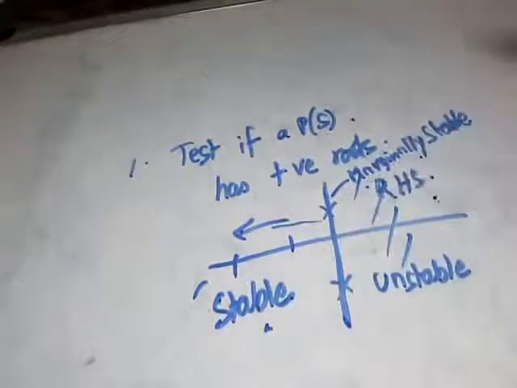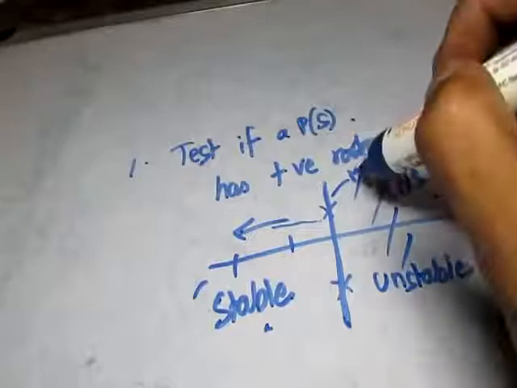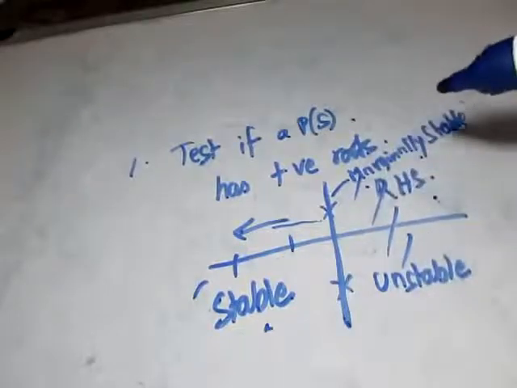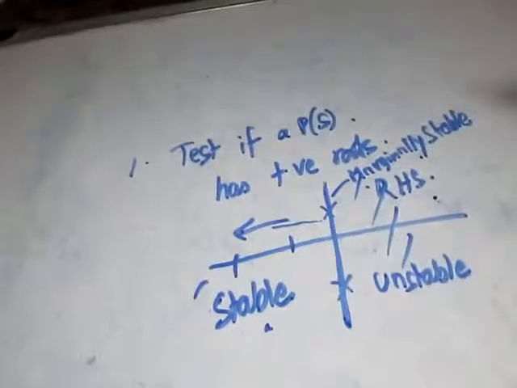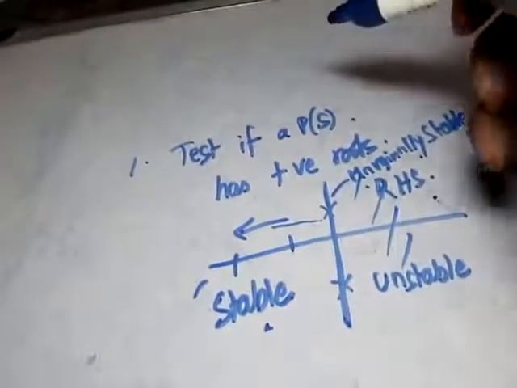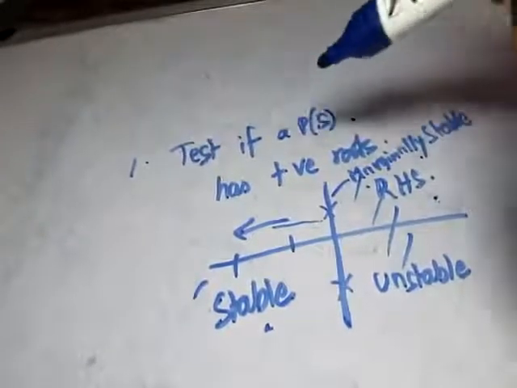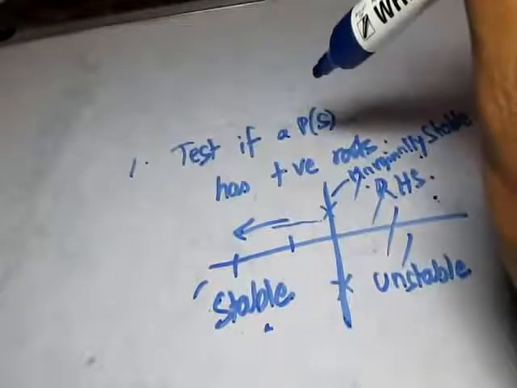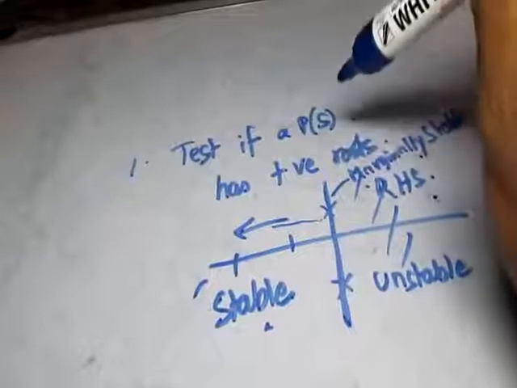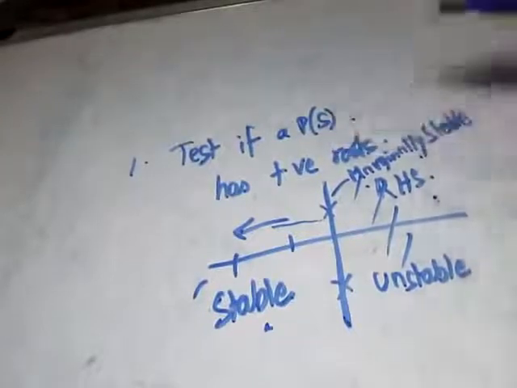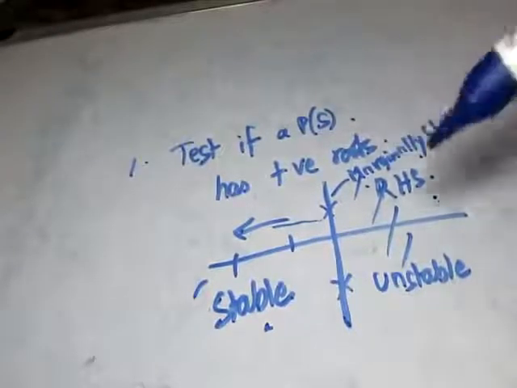Now a further test will be required to test if the conjugate roots are repeated or not. That's a different question. So we can say that using Hurwitz polynomial, we can test whether a system is stable or not, and if it has a root on the positive or right hand side.